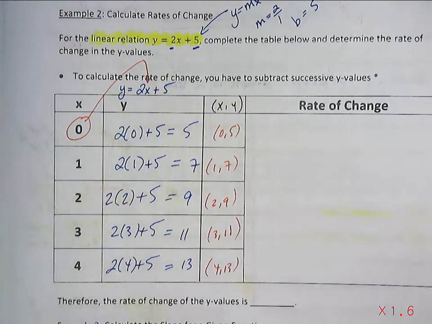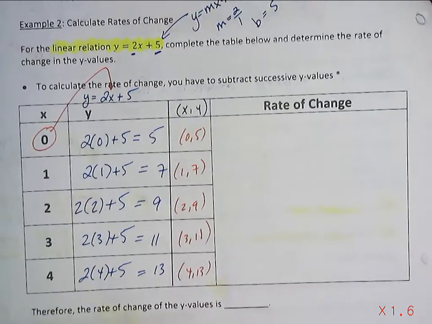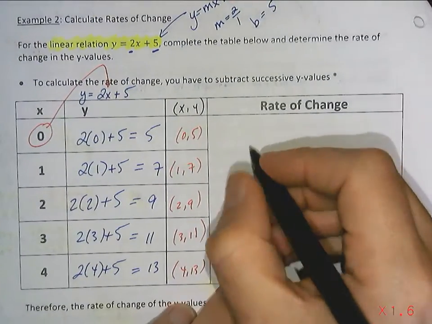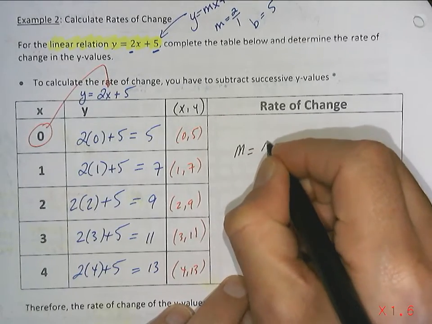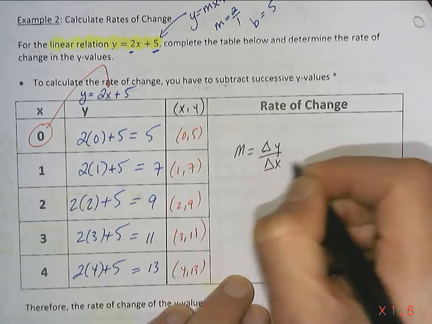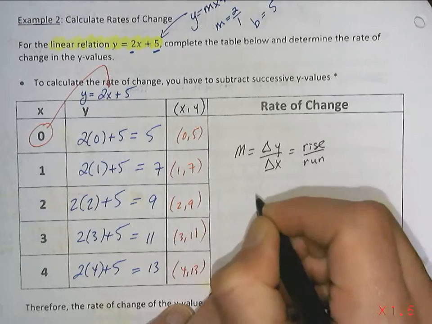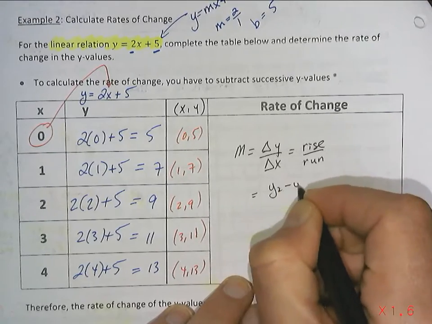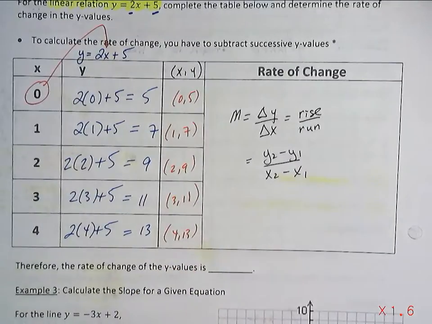Now, rate of change. There are all sorts of different ways of figuring out this rate of change, but probably the easiest at the moment is to take a look at our formula. M, which stands for slope, is change in y over change in x, which means rise over run, which means y2 minus y1 over x2 minus x1. And ladies and gentlemen, you better memorize that.